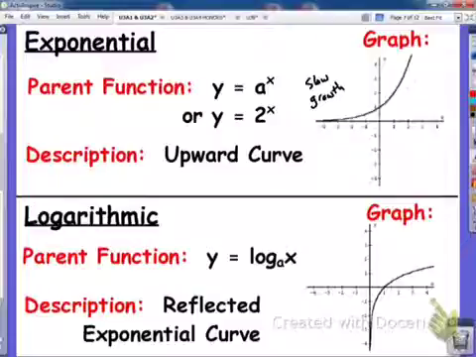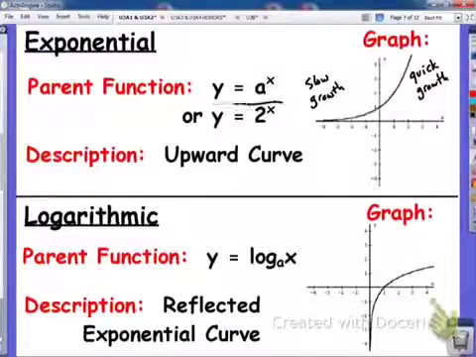And then all of a sudden there's this breaking point where it starts a quick growth. So the general format is y equals a to the x. For teaching purposes, we're going to use y equals 2 to the x.